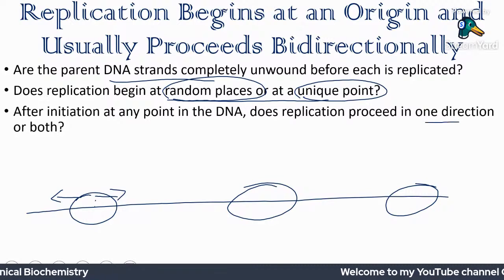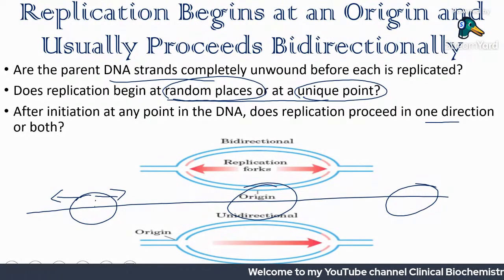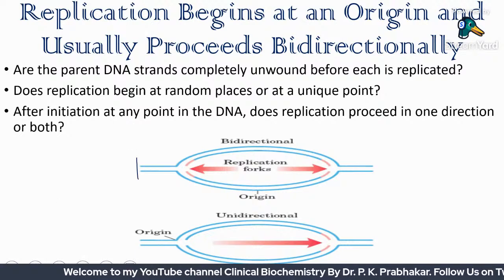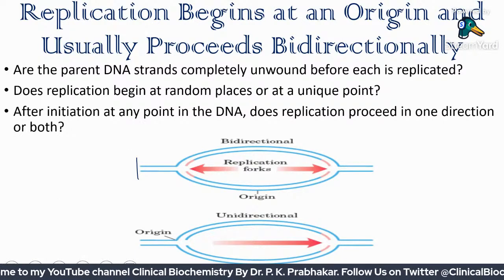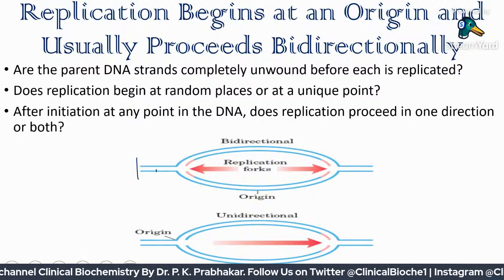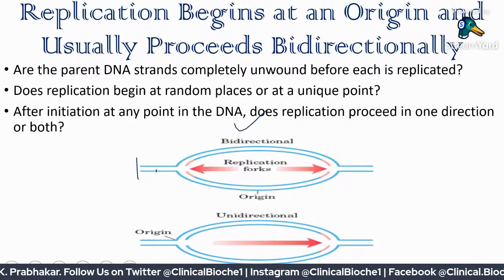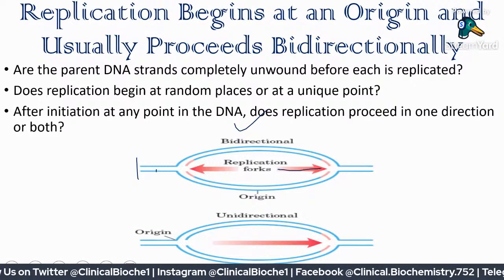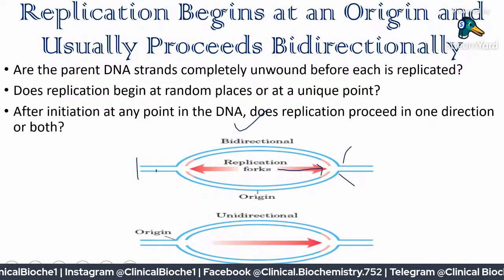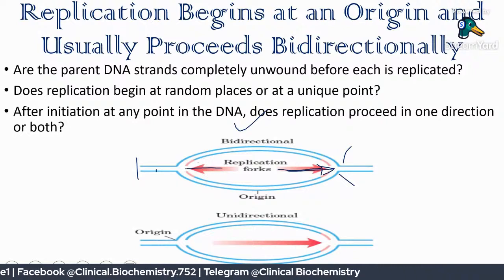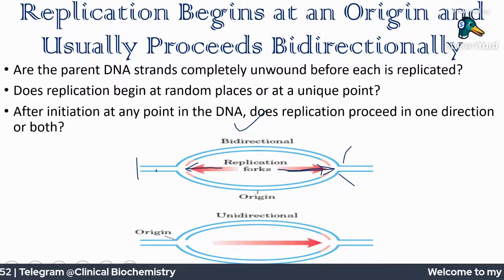No, it occurs in both directions. Think of this DNA as unwrapped. It forms a bubble-like structure, called a replication bubble. Replication occurs in this direction, and at the opposite end it also unwinds and replication occurs. So replication occurs in both directions, bidirectionally.